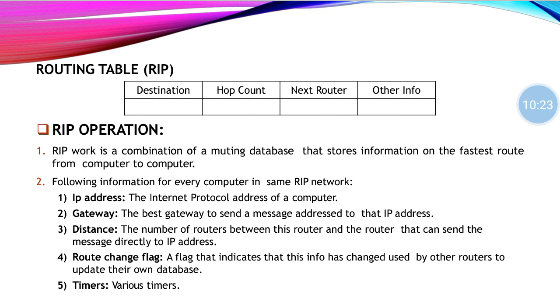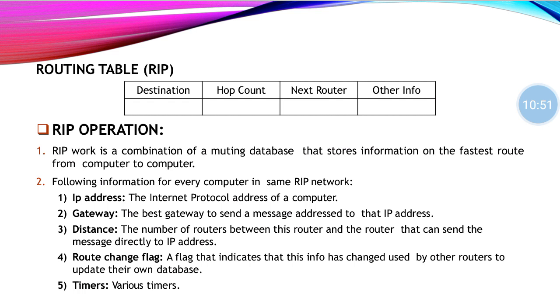But a gateway can be used if there are two dissimilar networks with different protocols. For example, LAN to WAN. If LAN is also using the same protocol as WAN, then a router could be used. But if LAN is using some other protocol and WAN is using some other protocol, then a gateway has to be used. So in RIP, a gateway is used.